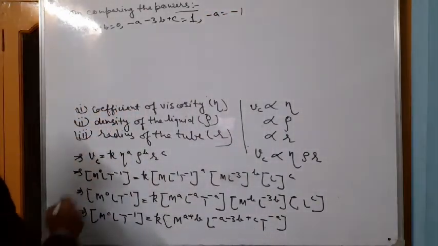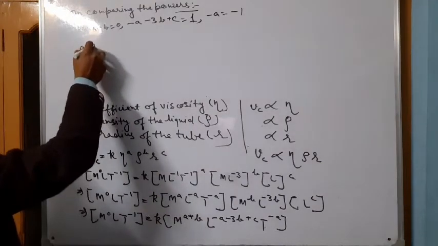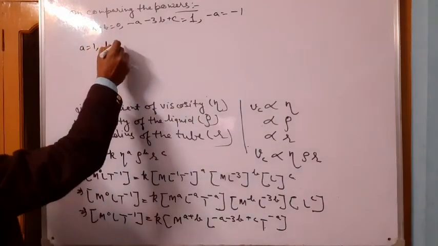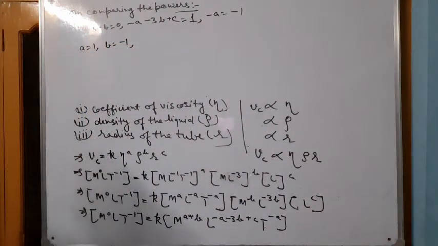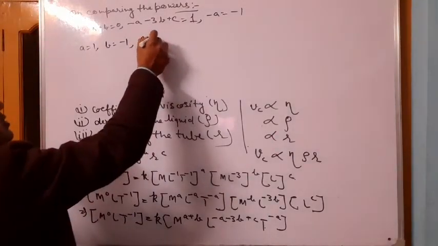From here we get a is equal to 1, b is equal to minus 1, and c is also equal to minus 1.